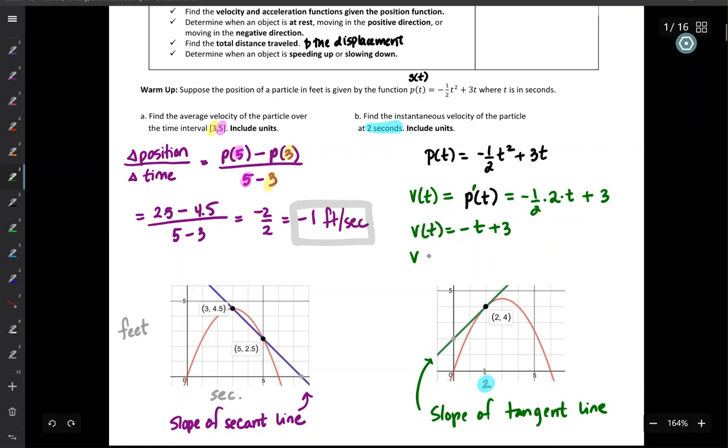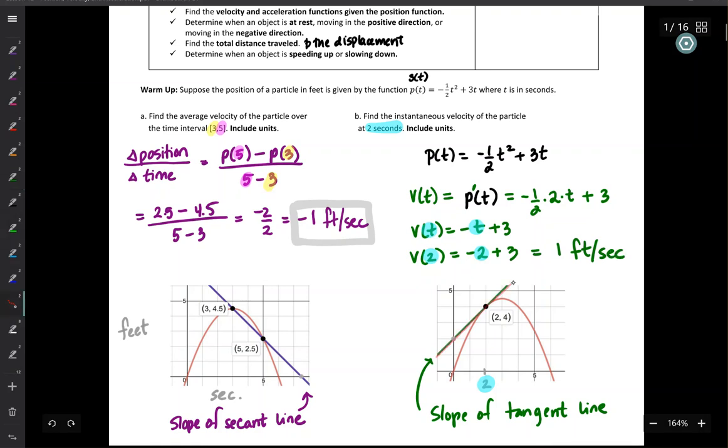And I specifically want the velocity at time t equals 2 seconds. So I'm going to evaluate this function at 2, plugging in a 2 everywhere I see a t, right there. And that gives me positive 1, right? And the units, again, feet per second, right?